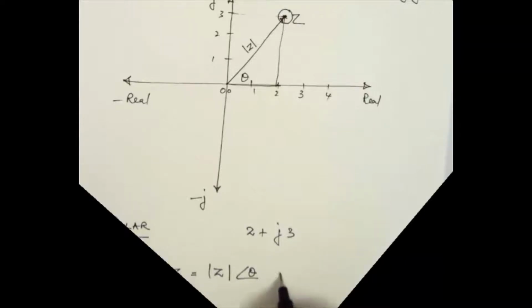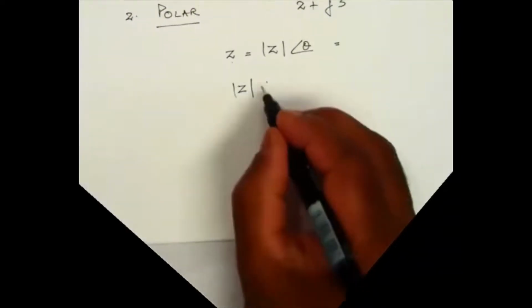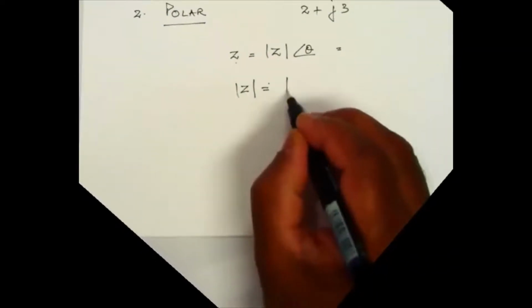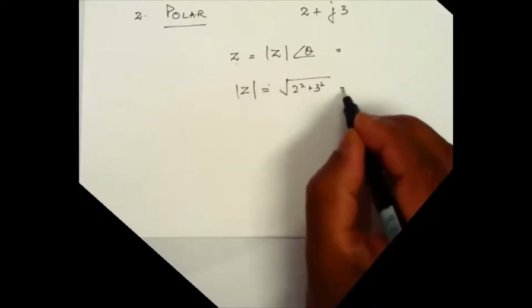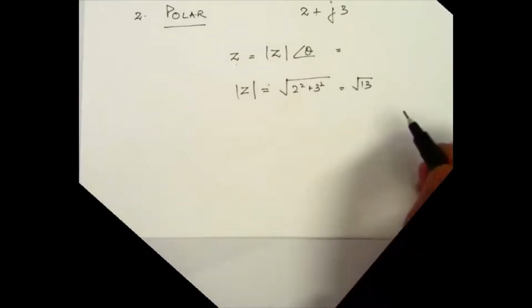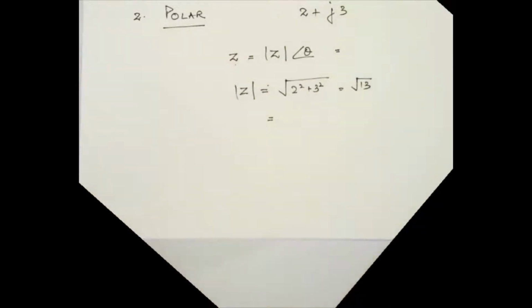So, in this particular example, earlier we found the modulus, we can find it again, right? Z is equal to square root of 2 squared plus 3 squared, which is square root of 13, which we found earlier as 3 point something.